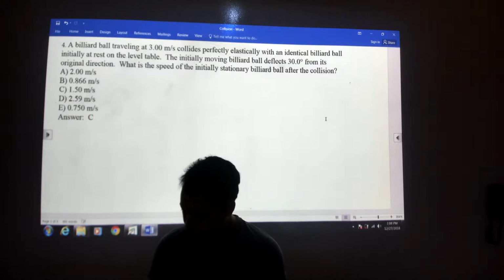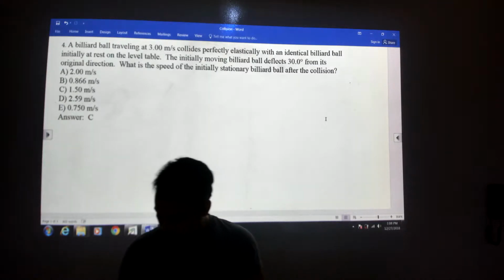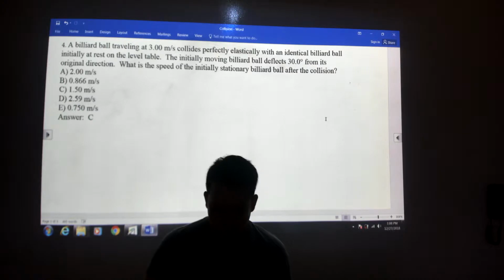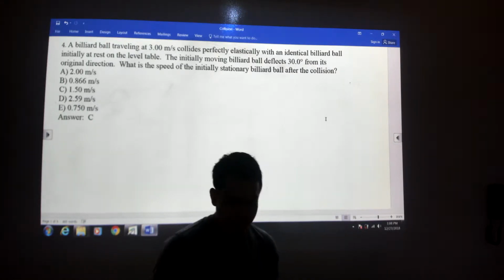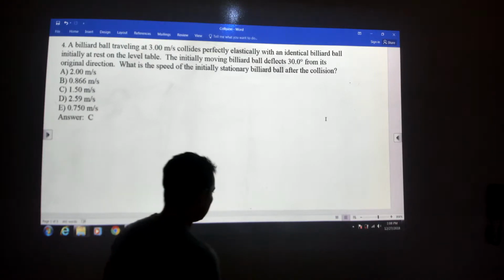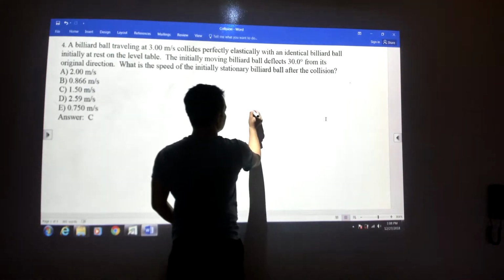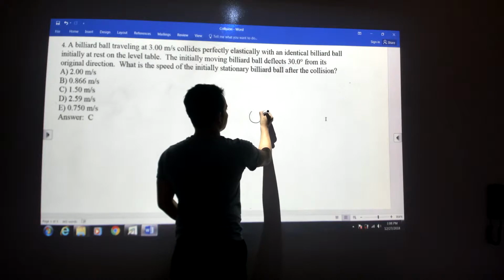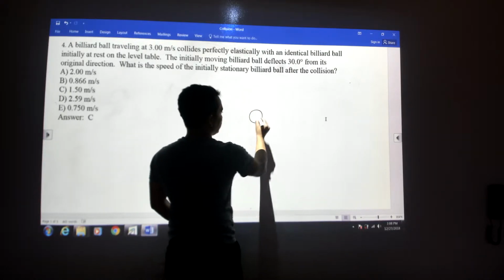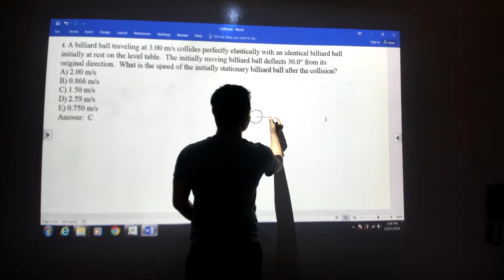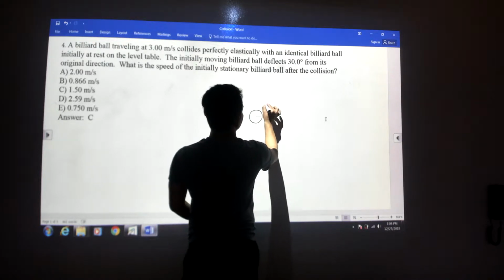Okay, so let's solve this problem. You have one ball, and this ball is moving at a speed of 3 meters per second.